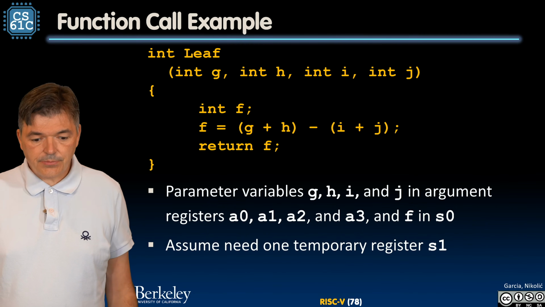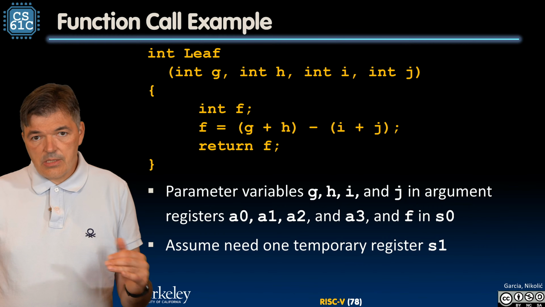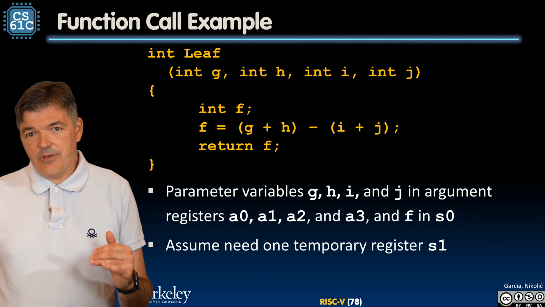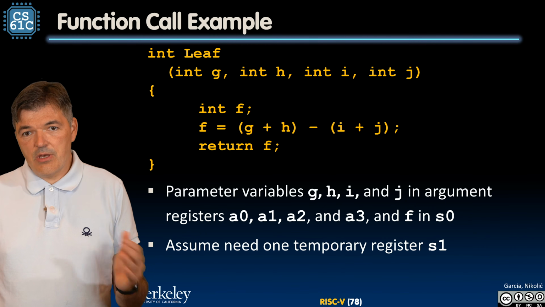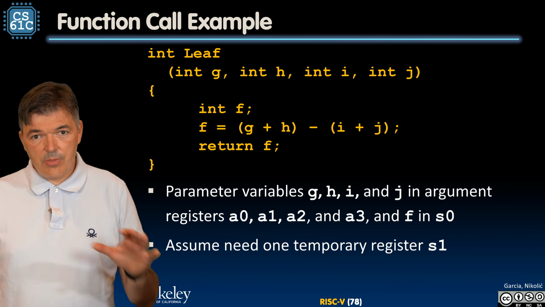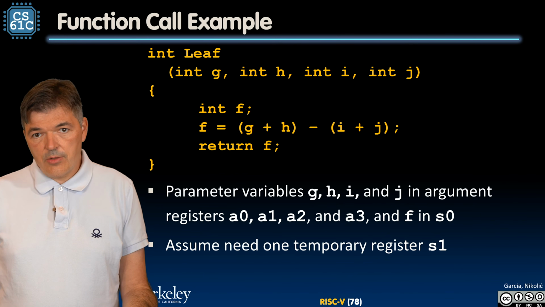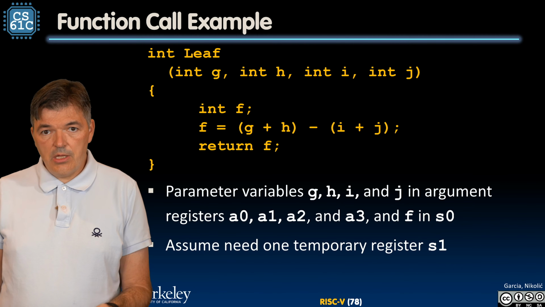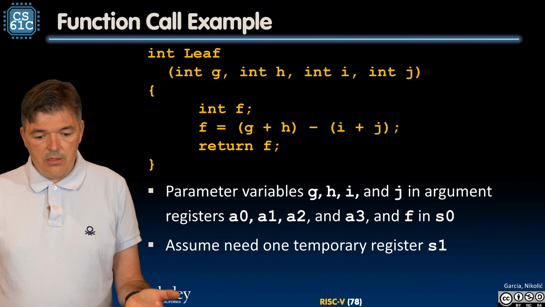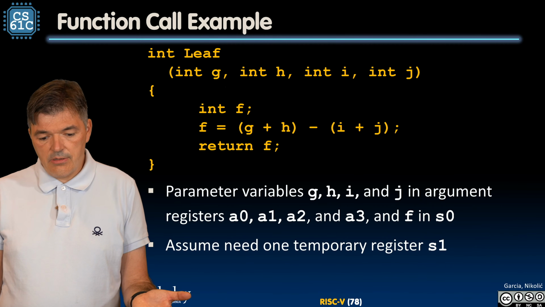All right. Let's take a look at the function call example. In this case, we're looking at a C function, leaf, and leaf usually means a function that does not call any other function. It is being called by other functions but does not call other functions. In this case, it has 4 arguments, G, H, I, and J, and it returns one value, which is F. It is fairly simple.